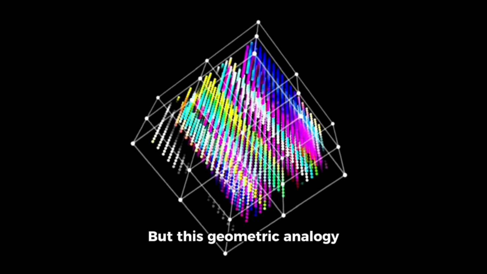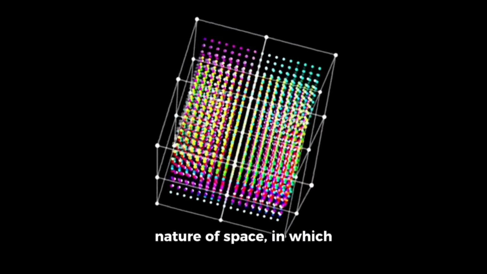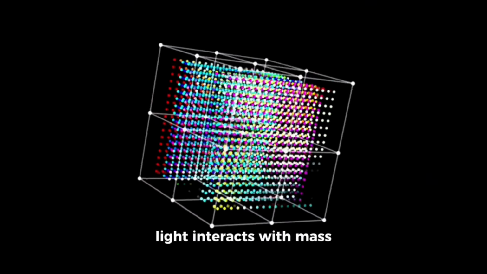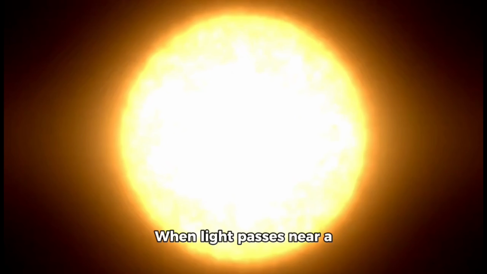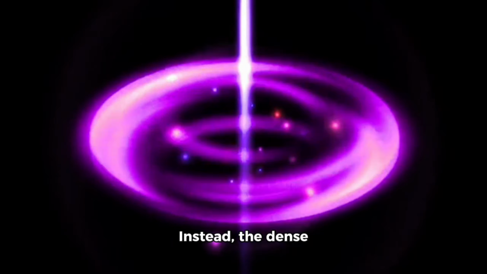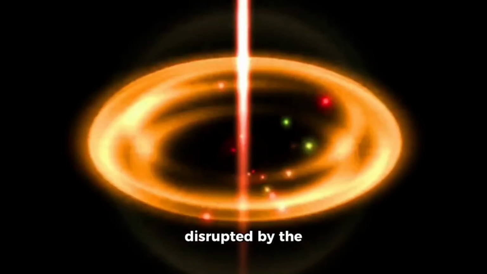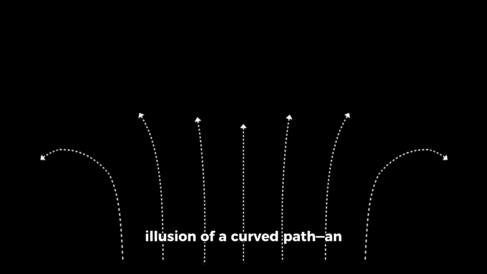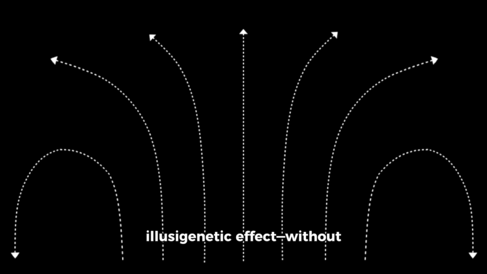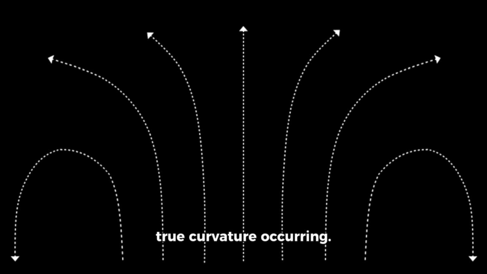But this geometric analogy may obscure the true 3D nature of space, in which light interacts with mass differently than simply bending. When light passes near a celestial body like the Sun, it doesn't bend around it. Instead, the dense photon stream is disrupted by the gravitational mass, causing a diffraction-like spread. This spreading creates the illusion of a curved path and an ellipsogenetic effect without true curvature occurring.